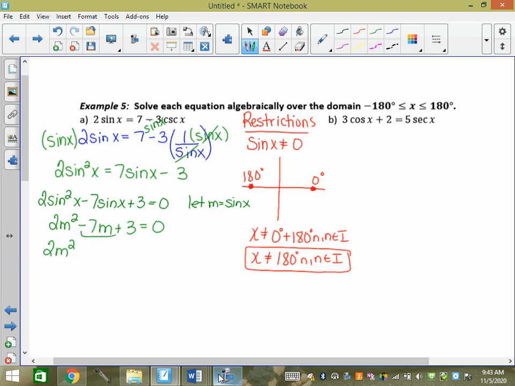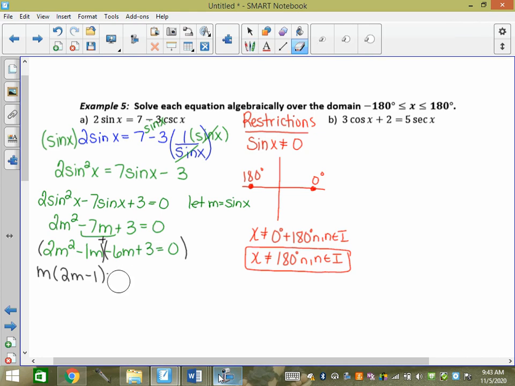It's decomposition because I have a 2 in front. So I'm going to go 2m squared - 1m - 6m + 3 = 0. And then I group. I take out an m, and I'm left with 2m - 1, plus a negative 3, take out a negative 3, and I'm left with 2m - 1.